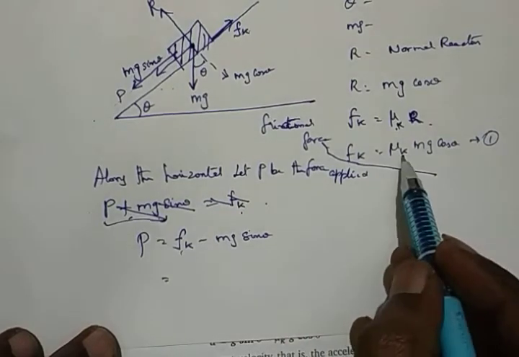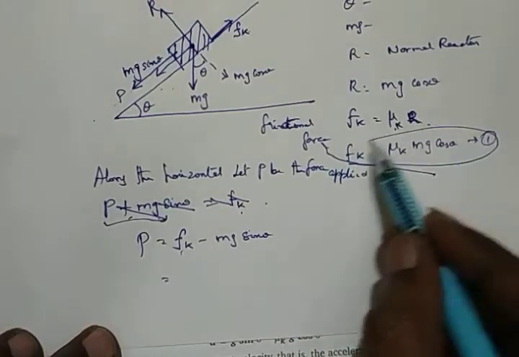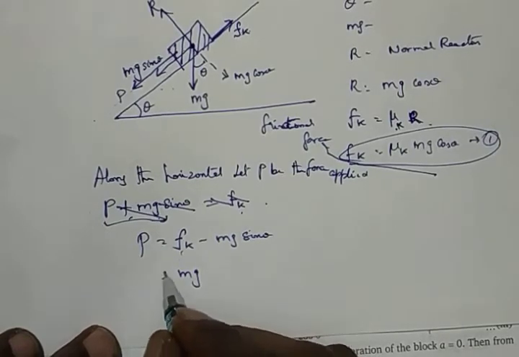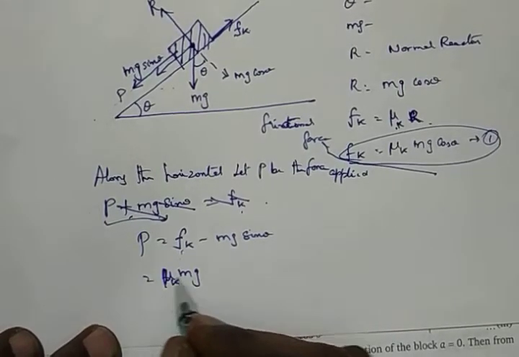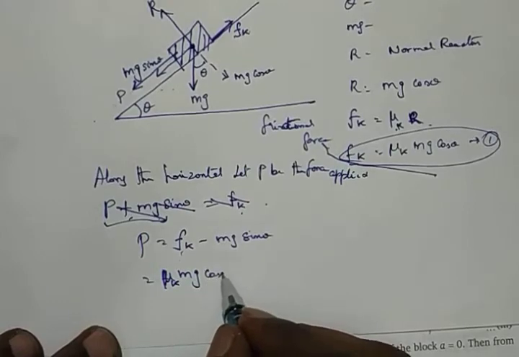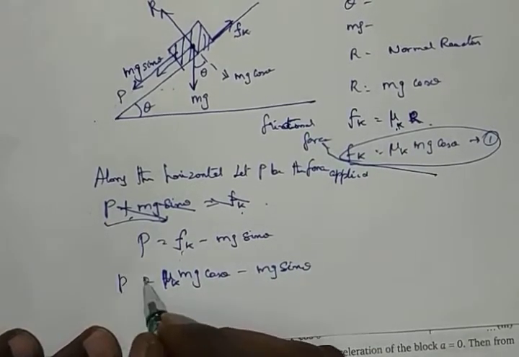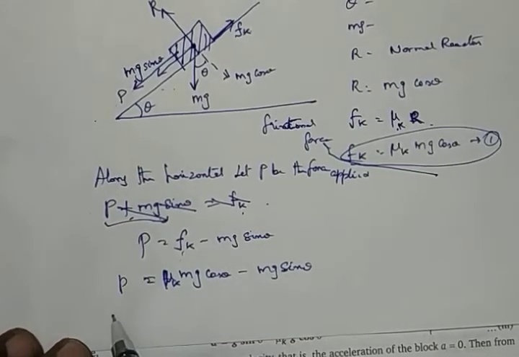Now equation number 1 has to be put here in this expression: mu k into mg cos theta minus mg sin theta is equal to P. So what is P? That is going to be equal to the external force here.